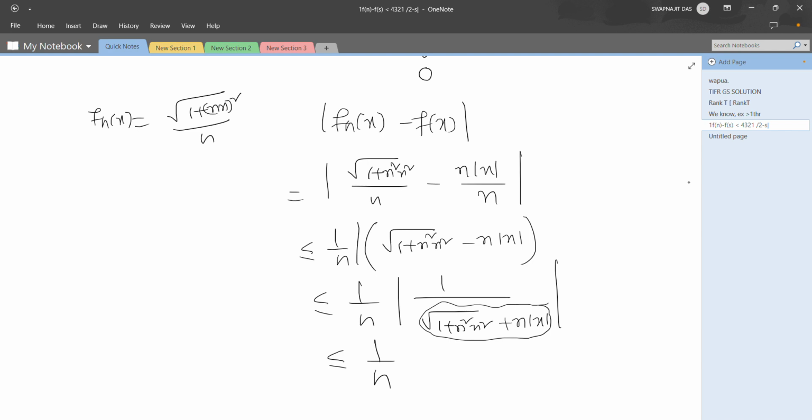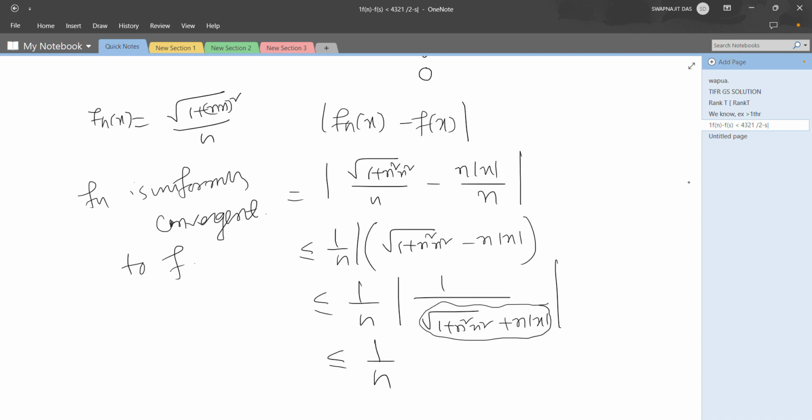So that means it is independent of x and only depends on epsilon. For any given epsilon, you can choose some n such that 1 by n is less than epsilon, and then mod fnx minus fx is less than epsilon for any n and any x. So that means fn is uniformly convergent to f.